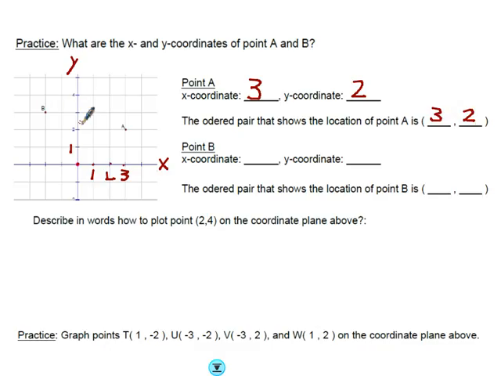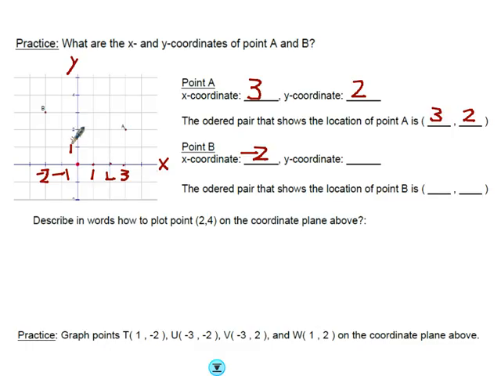Point B is on the other side. Now, if the right side is positive, then the other side will be the negative numbers. So this would be 0, negative 1 here, then negative 2 will be the next line. So for point B, the x-coordinate is negative 2.